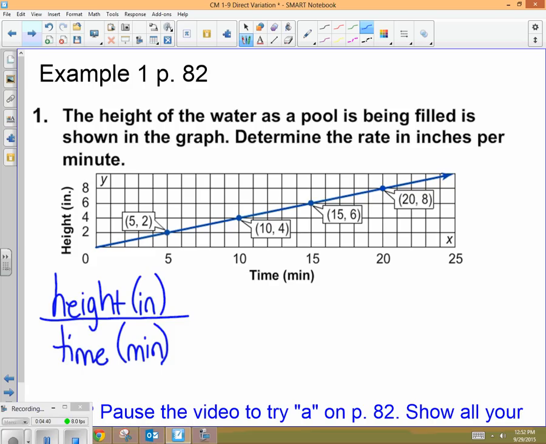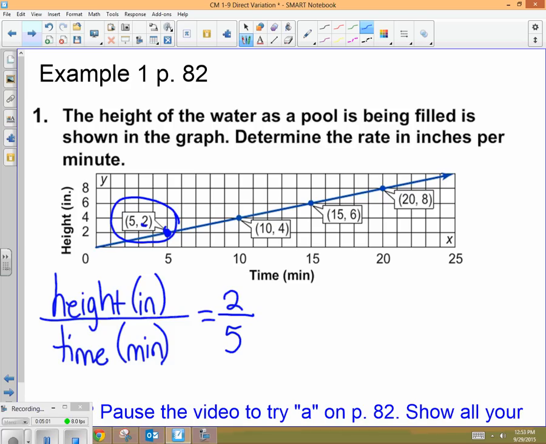I'm going to start with the first point here, which is (5, 2). The height value is your y value, and in this case, it's the number 2. The x value for this point is at 5 minutes. So you have the fraction 2 over 5.